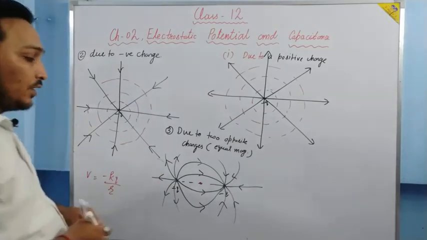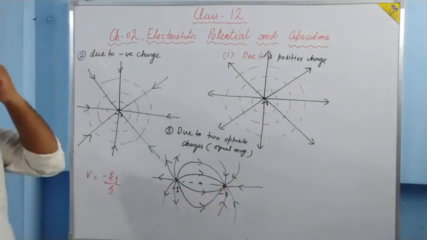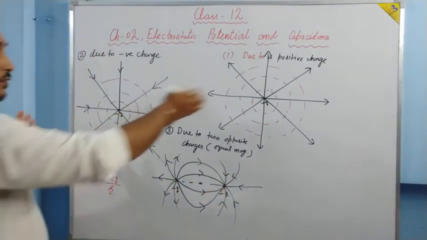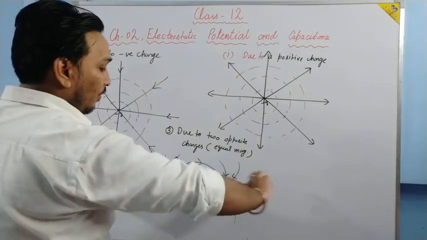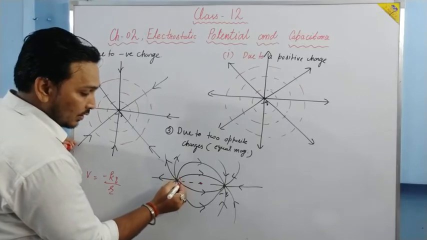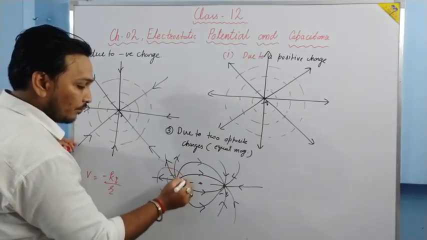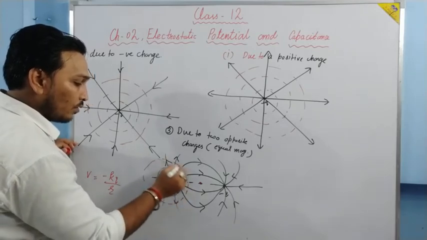The surfaces try to shift away from this point because at this point the potential is 0. The spheres will be there, but they try to shift away from the midpoint. The surfaces will be drawn like this. Are you able to understand?